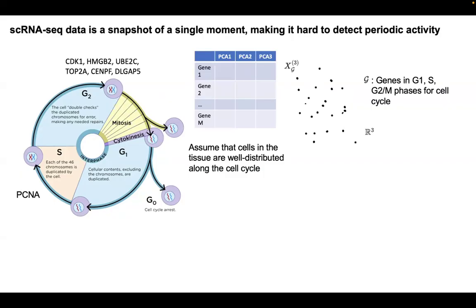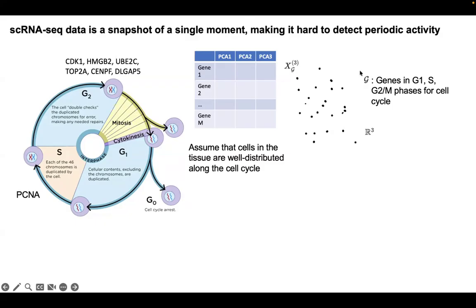So in this case, when X is the cell gene matrix, we consider the PCA matrix from the raw pre-processed single-cell RNA sequence data, remaining the top three PCA values. Then we can also consider it as a point cloud in R^3.